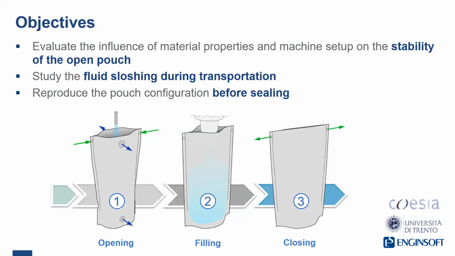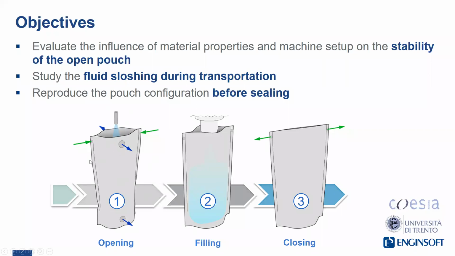Okay, let's now go in more detail about the study in collaboration with Coesia and University of Trento. So as I mentioned, there are 3 steps of the simulation that we will focus on. We have the opening and the formation of the pouch. We have the filling with the fluid, and then the closing of the pouch.